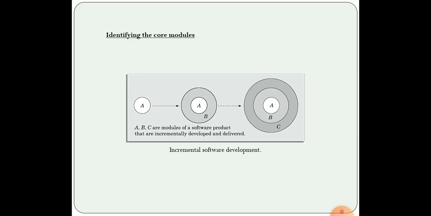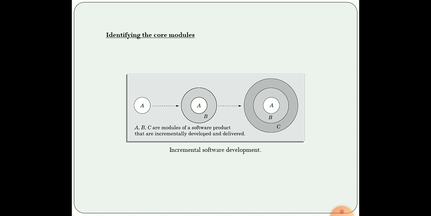When we see the life cycle activities of an evolutionary life cycle model, the software requirement is first broken down into several modules. Modules are certain functional units of the software, and these modules are incrementally constructed and delivered to the customer.